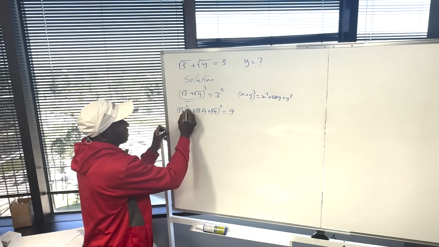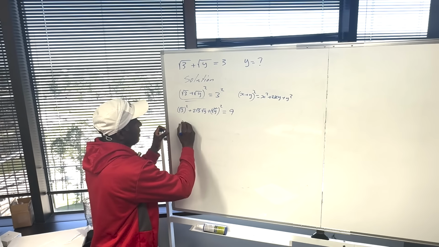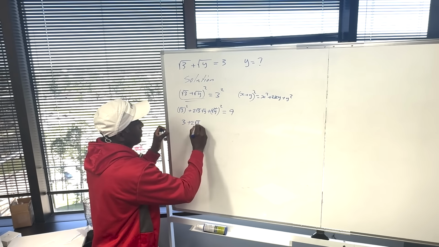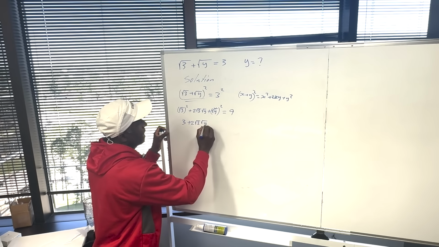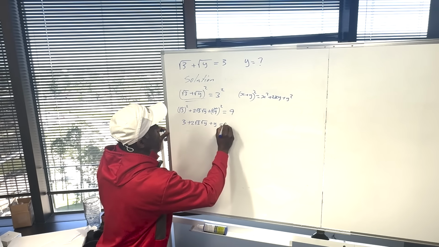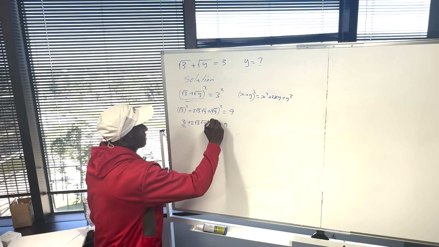All right, so if we square, this goes and this goes. So now we're left with 3 plus 2 square root of 3 square root of y plus y is equal to 9. Let's take 3 and y and bring them to the other side.